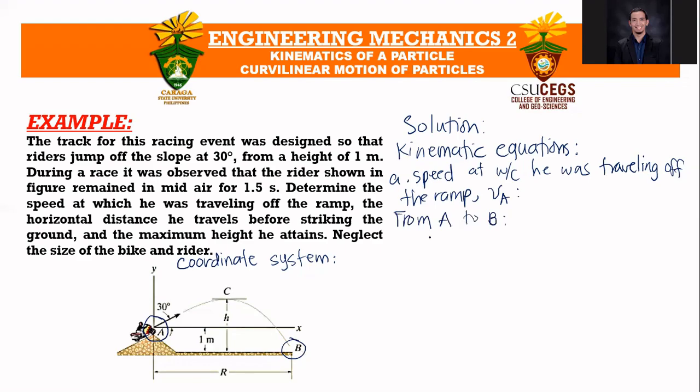And once we determine the path from point A to point B, we can choose kung unsa tong gamiton na equation. It could be from the horizontal or vertical motion. So depende sa given values nato sa atong problem.